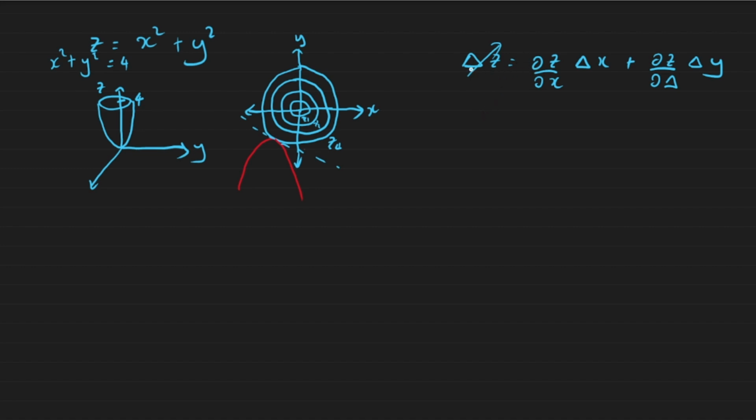Then we divide this function differential by delta x, and of course take delta x to approach 0, as we've done in the previous video. Please look at the video on function differentials if you're feeling a bit lost. Once we do that, we get 0 is equal to dz dx, since delta x divided by delta x is 1, plus dz dy times dy dx.